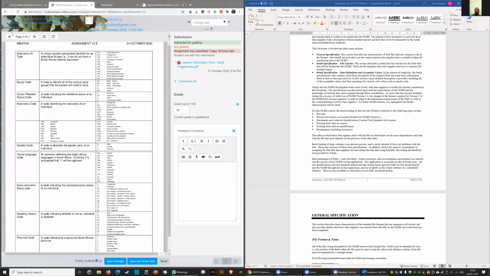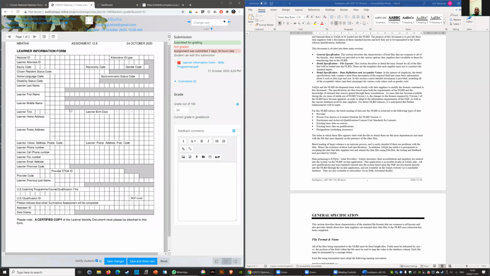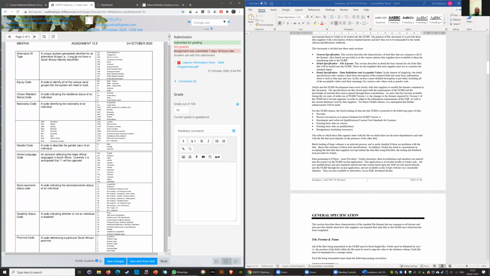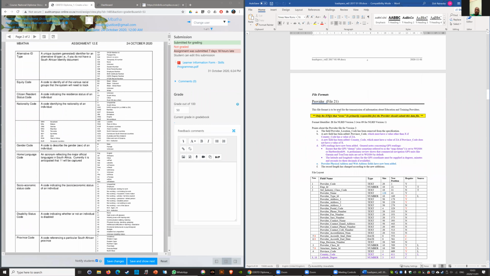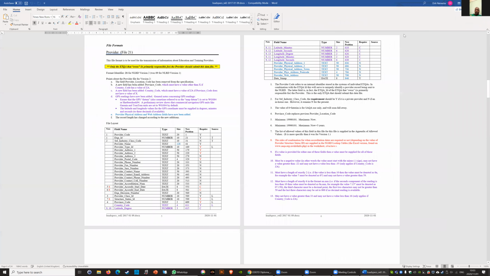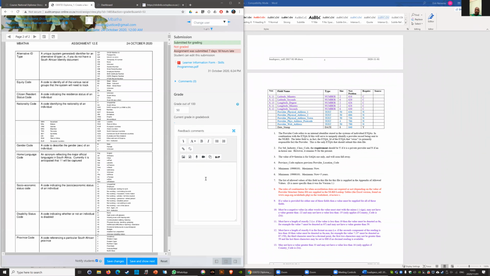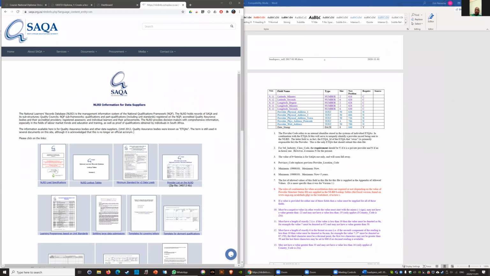Okay, so the first page of your document is correct. But I can see that I think you based this off of an older source. The reason I say that is because you'll remember we were on this page of SACWA with all of the documents, right?